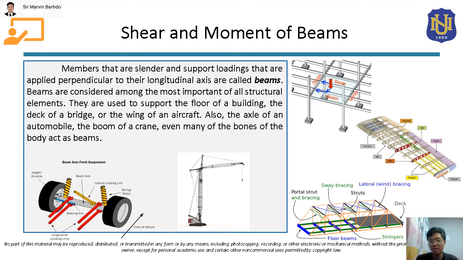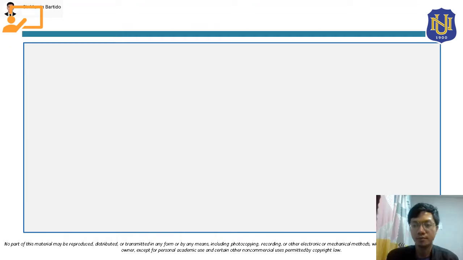In our discussion, we are going to analyze the internal forces and moment that act on a section of a beam. Remember that if we cut a transverse section in a beam, we will see internal forces and moment acting on that section.